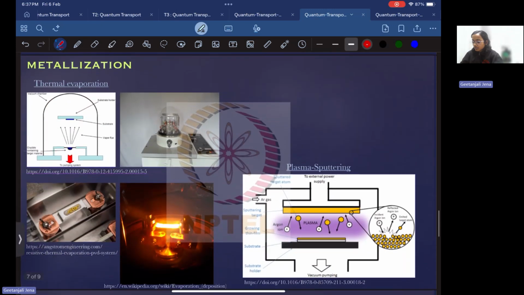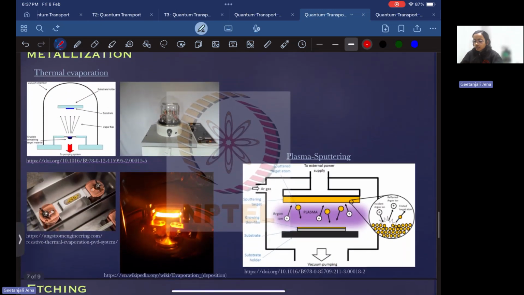Then these are some of the techniques that we can use to deposit the metal. We can use thermal evaporation, where we place our desired metal on the boat and heat the boat.